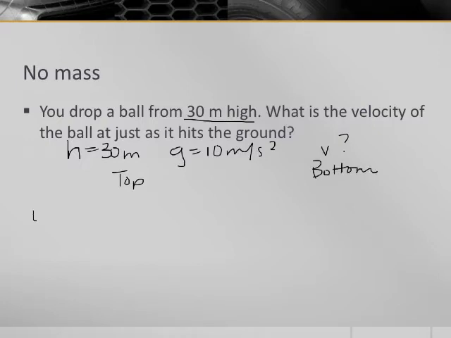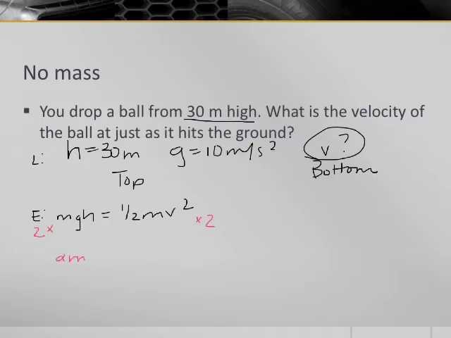So your equation in this case is setting your things equal to each other, because PE at the top is equal to KE at the bottom. So mgh equals 1/2 mv squared. Now if you start rearranging this to get v by itself, you start by multiplying by 2 on both sides to get the 1/2 out of there.